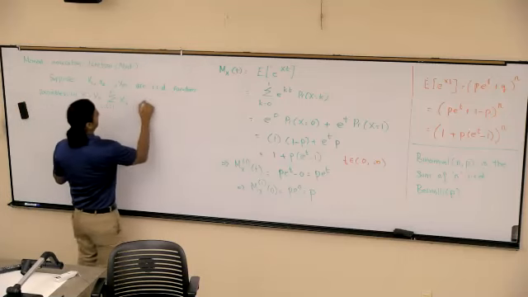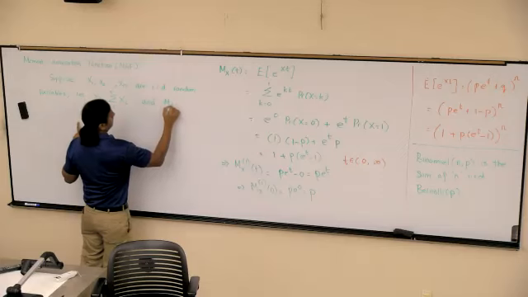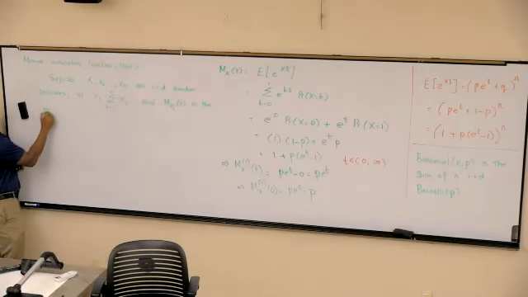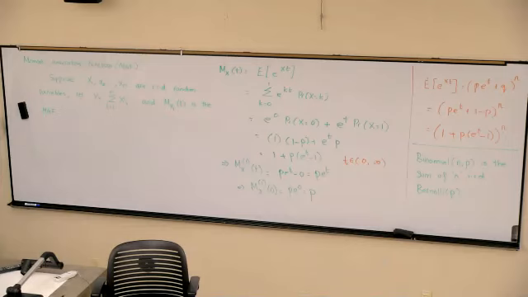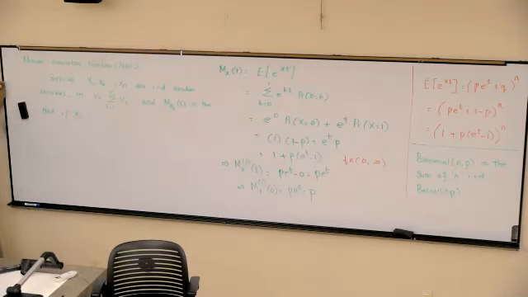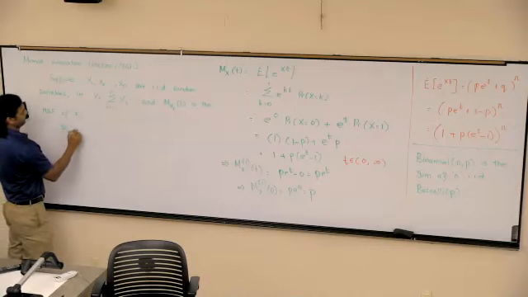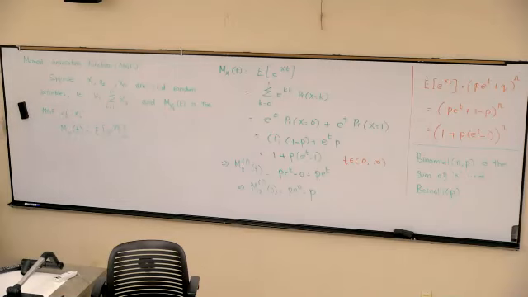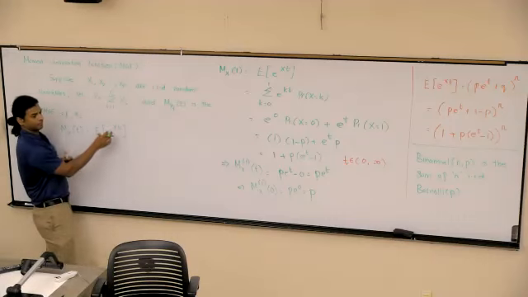And also M_Xi(t) is the MGF of Xi. Now I want to find the MGF of the random variable Y. What is Y?